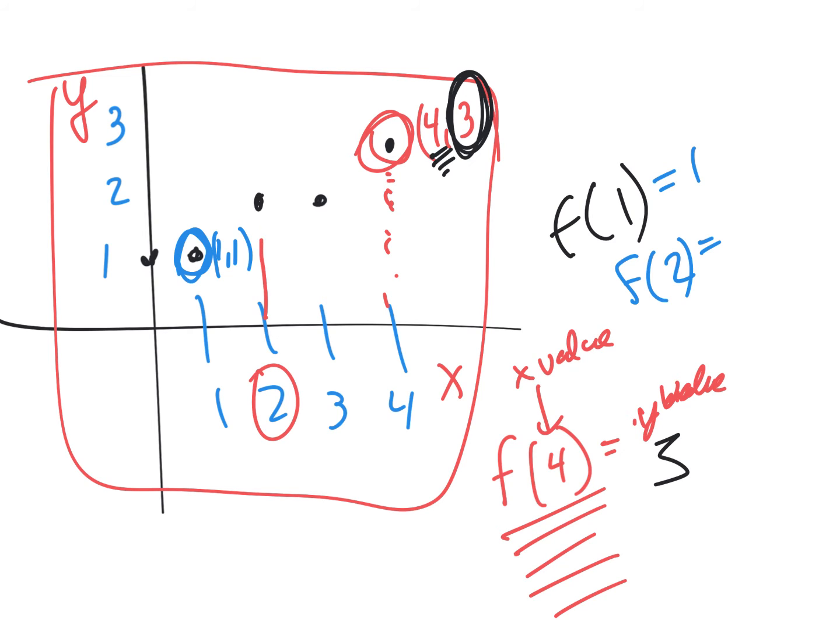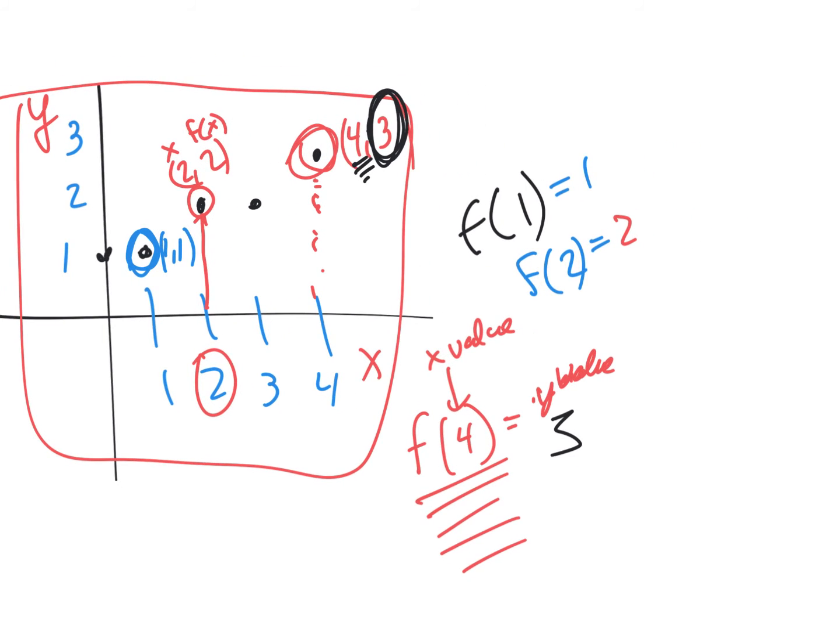I stick a 2 in, and I get this point, 2 comma 2. This is the x, this is the f of x. F of 2 is 2. Sharky, what's f of 3? 2. 3 comma 2. You are correct, it's 2. All right, I feel like you're getting it.